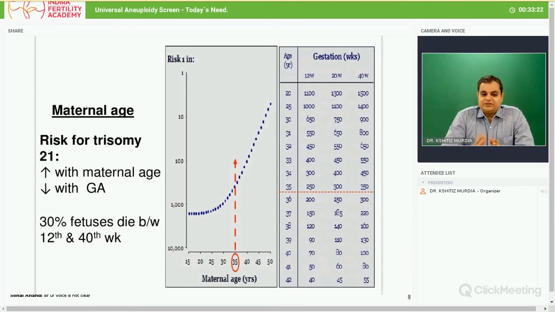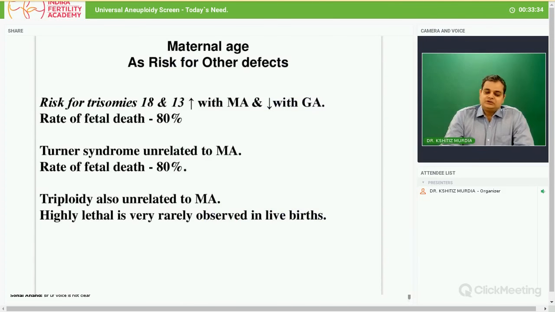The decrease in risk with gestational age happens because many fetuses, around 30% of trisomy 21, die in utero between 12 to 40 weeks of pregnancy. When you talk about the association of other aneuploidies with maternal age, the risk of trisomy 18 and 13 also increases with maternal age and decreases with gestational age.